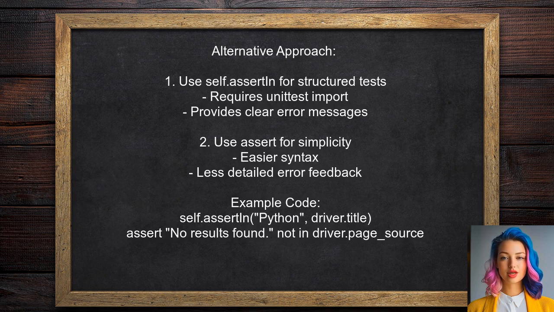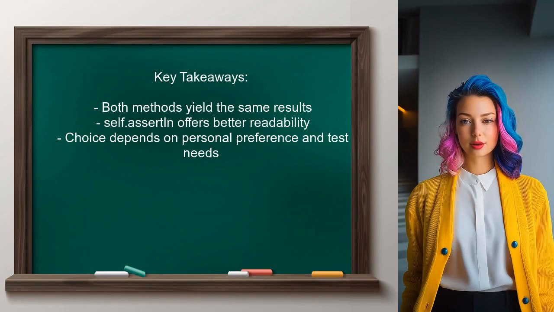On the other hand, assert is simpler and more straightforward, but it may not give as detailed feedback on failures. The user highlights that both methods achieve the same result, but self.assertIn is more readable in the Python shell, making it easier to identify issues during testing. They conclude that the choice between the two often comes down to personal preference and the specific needs of your test cases.